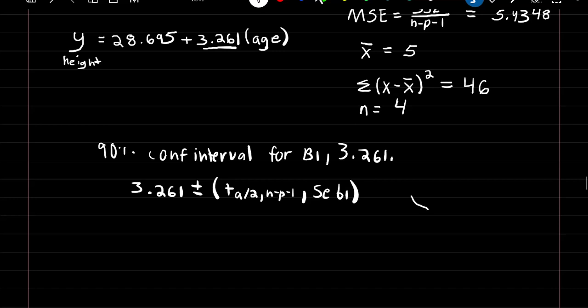With this we can find the range that our true population parameter lies within with 90% confidence.